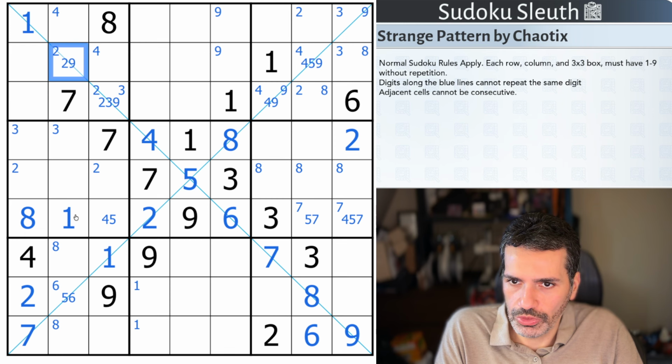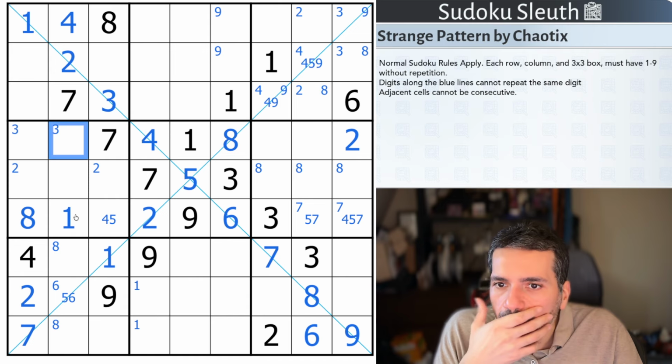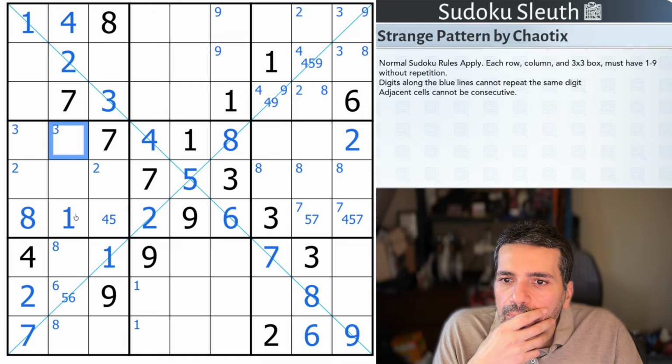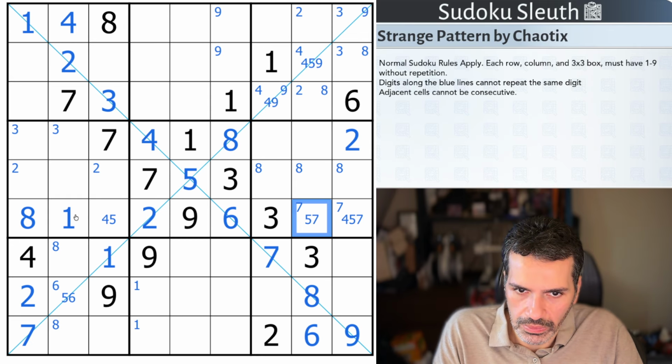This is 2 and 3, so that's the 2, that's the 3, that can't be the 4, that's the 4. Nothing forcing this yet. 5 and 7. Nothing forcing it here.